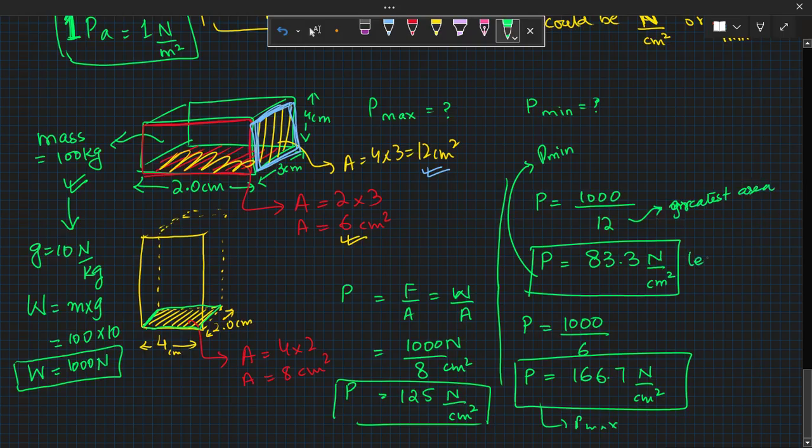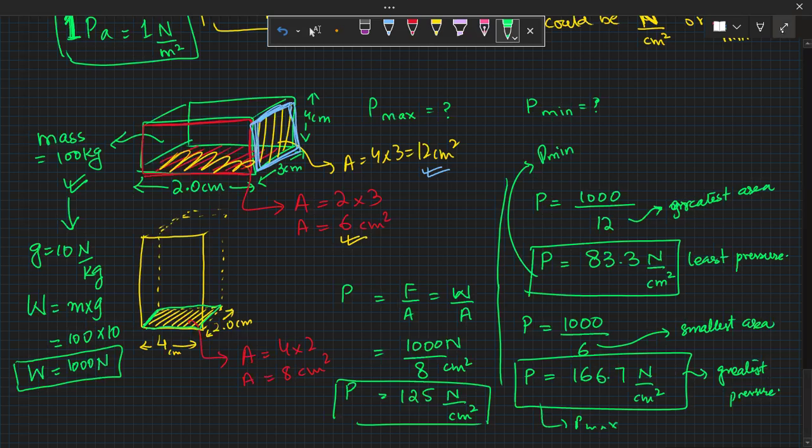And if you take the smallest area, you will have the greatest pressure. Now, what relation between the area in contact and the pressure have you understood? There's a bigger area, the pressure is less.